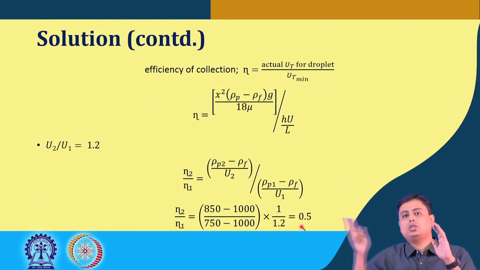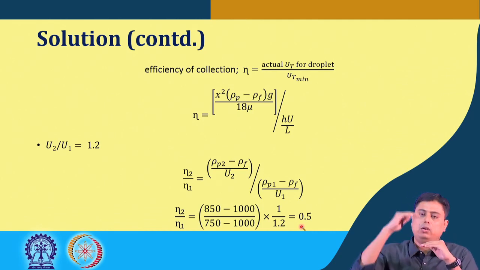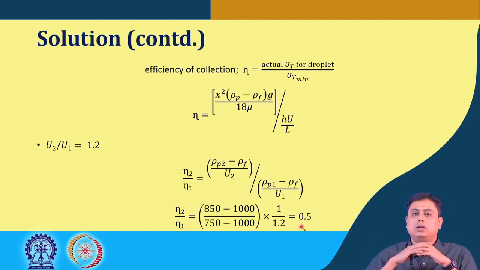So, most of the droplets are now carried away with the fluid stream or the liquid water here, and that is why they would be unable to come to the under surface of the upper baffle.